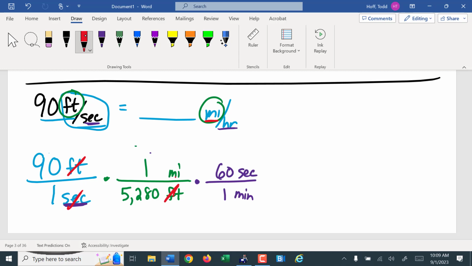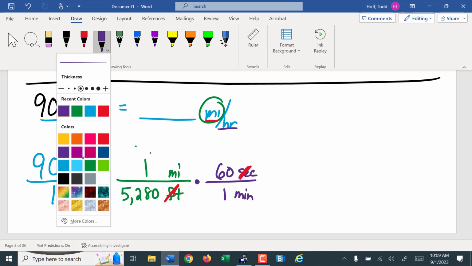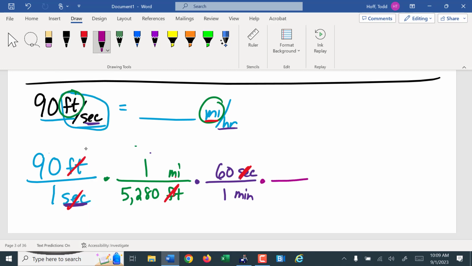So now the seconds do cancel out, but we have minutes, and we don't want minutes. So to get rid of minutes, where am I going to put them in my conversion factor? On top. And now we can go to hours, and of course that relationship is 1 hour is 60 minutes. So the minutes cancel out now. Now we have miles on top and hours on bottom, which is what we want in our final unit.